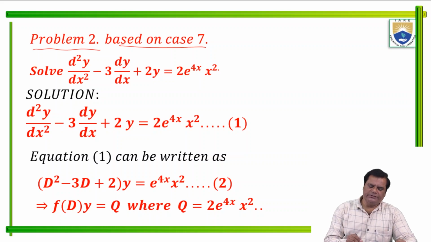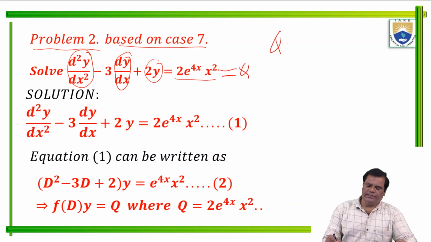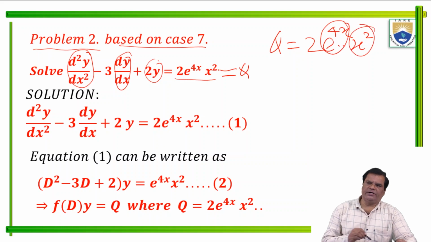This problem is d2y over dx2 minus 3 dy by dx plus 2y equal to this. This is Q. Here Q is 2 e to the power 4x into x square. This is an exponential function, this is an algebraic function, and the two are multiplied in Q. The second order derivative and first derivative are each multiplied by a number.